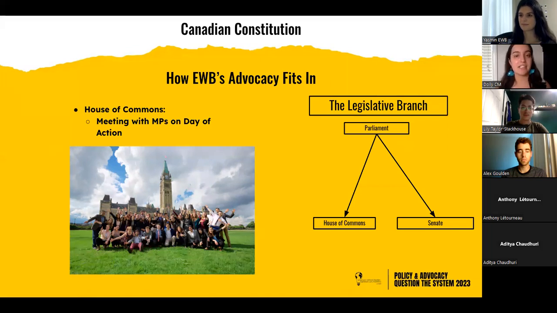So it's kind of hard to say that you have buy-in when only one MP agrees with what we're doing. So it's great to match the diversity within our chapters in who we're meeting at Day of Action in Ottawa in October to ensure that we have buy-in from all parties. And yeah, so that's the legislative branch, House of Commons.